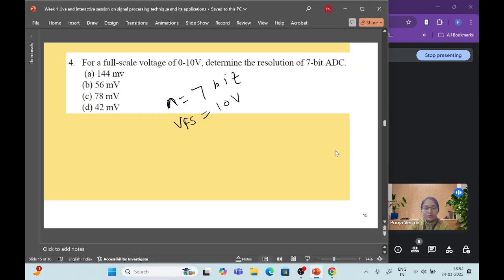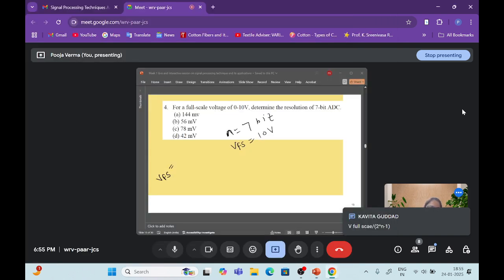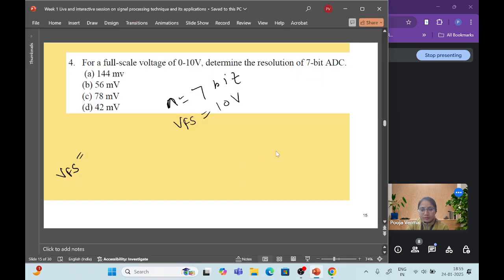Okay, let's solve it. The full scale output voltage of a given resolution is given by the formula Fs equals 2 to the power n minus 1, into resolution.